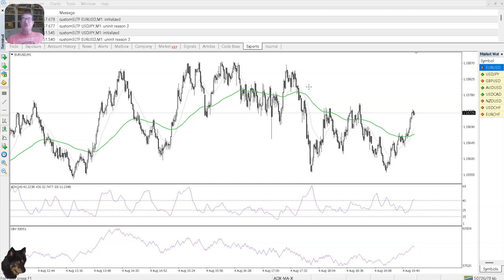Let's try a sell position. It already occurred, but so you understand the logic. The OBV is definitely down, meaning seller pressure. The ADX at that point in time was definitely high, although it was reversing down, but it was still a strong trend.